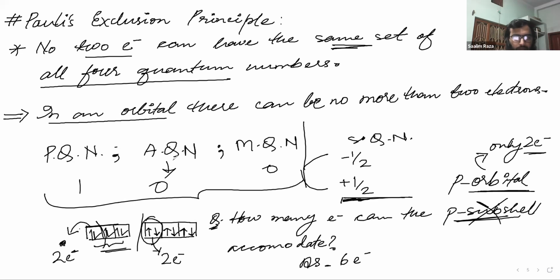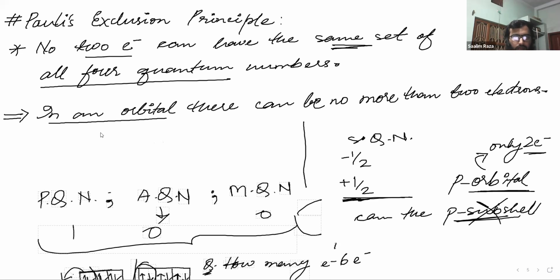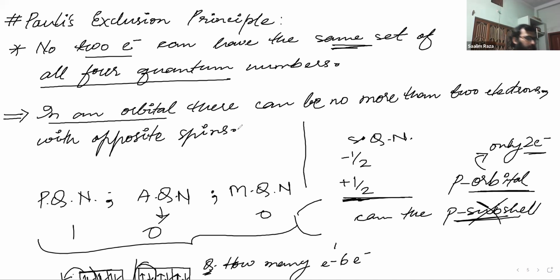Write another point also: there can be no more than 2 electrons with opposite spins. Done? Okay, great.